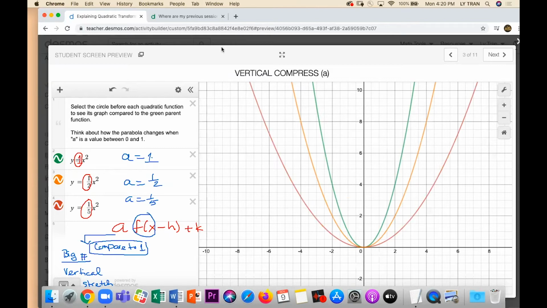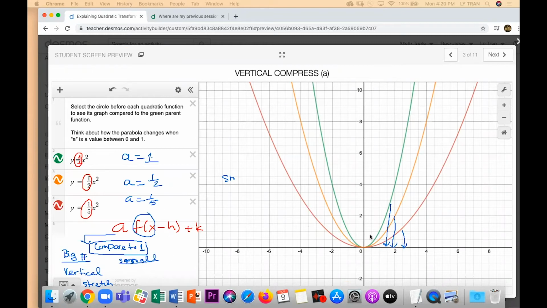Imagine the graph getting really, really big. Think about it: originally, this is right here, right? We push it down toward the x-axis, we come closer to the x-axis. We push it down even more and more. So the number is getting smaller, but the graph is pushed all the way down more and more.